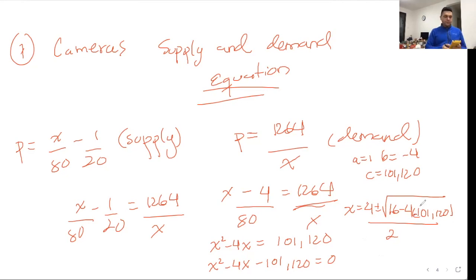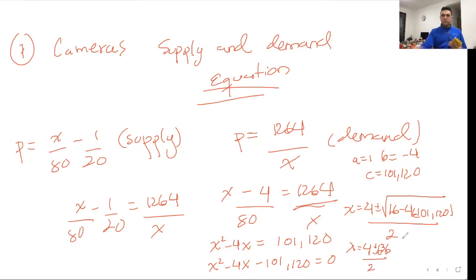All right. So the square root of 16 minus 4 times negative 101,120, and we get 636. So x equals 4 plus or minus 636, all of this divided by 2.